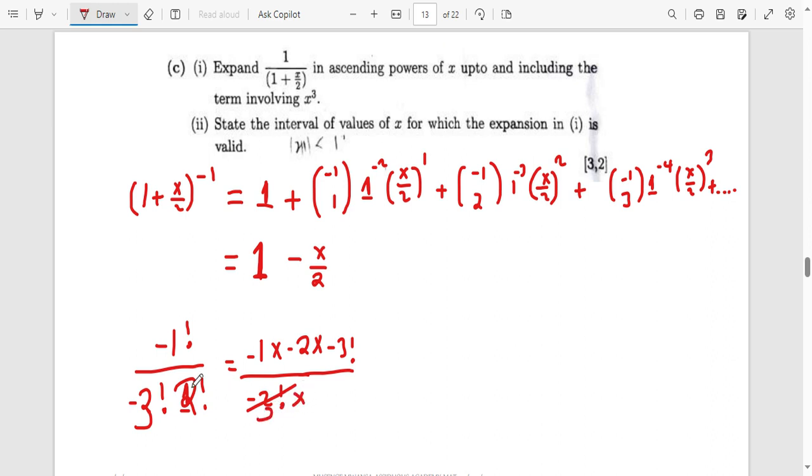And then times, we have got 2 factorial, which is 2 times 1, which is basically a 2. The negative 3 factorial down will cancel the negative 3 factorial on top. These 2 can go into a 2 here. So I've got negative 1 times x. Okay, sorry, this is a negative 1, I was just seeing x here. This was a times, it's not x. So that is just a negative 1 there.